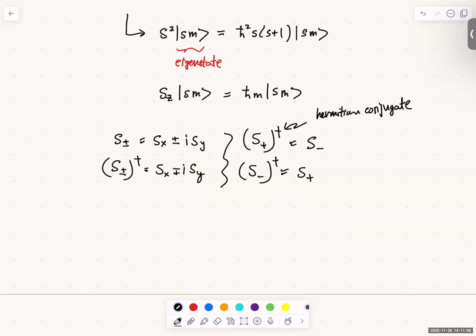So we had a very handy little relationship before for orbital angular momentum, and I want to bring that back. We were able to write S squared in terms of the raising and lowering operators, and the way it worked was like so.